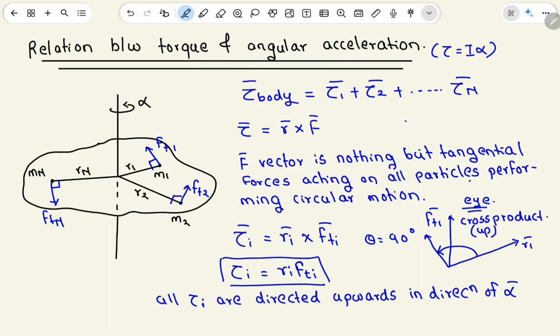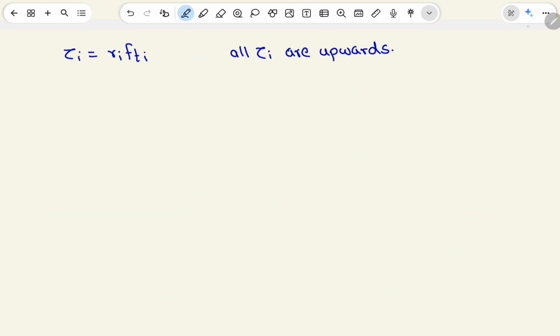Okay, so we now have the magnitude of the torque acting on each particle, and we also know that the direction of the torques acting on all the particles is the same, vertically upwards. So this is the information that we have collected up till now. That is, tau i, the torque acting on any particle, is Ri into Fti, and the torques acting on all the particles are upwards. So let us try to simplify this formula further.